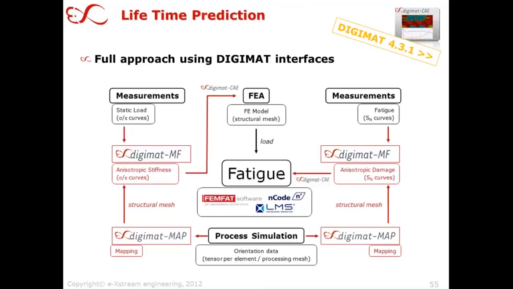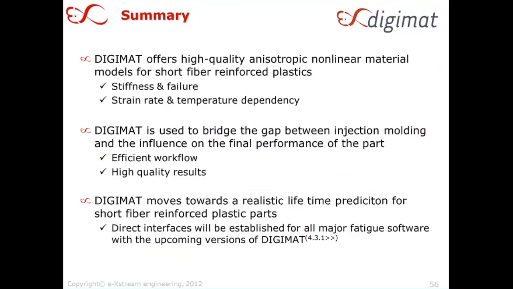Okay, so this brings me to the end of my presentation, and let me just quickly summarize what we have seen today. So for short fiber reinforced plastic parts, DIGIMAT offers high-quality anisotropic nonlinear material models, and these models contain, of course, a good description of stiffness and failure.